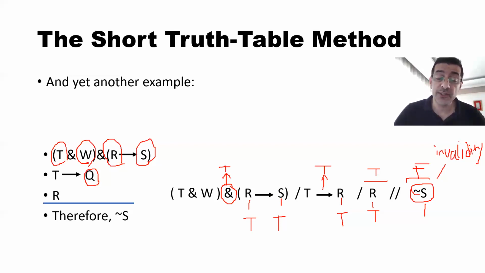If you don't, please pause the video and go back to that table. I wish I'd put the table here so we wouldn't have to go away, but you can just stop the video and look. Remember that in this operator conjunction, it can only be true if both propositions are true.